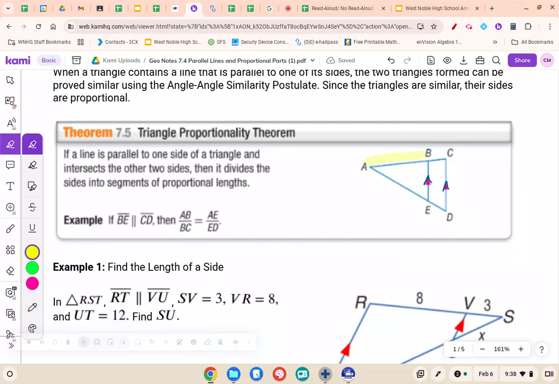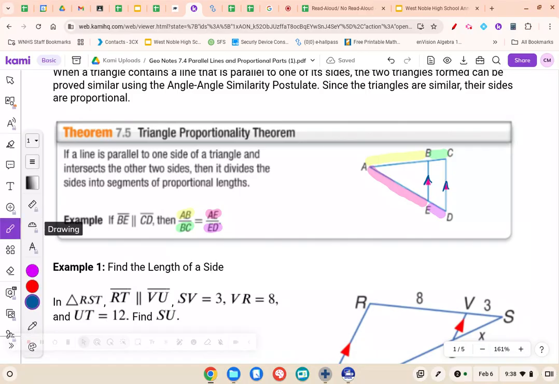So we have AB over BC equals AE over ED. So you'll notice the proportion is set up where the two parts of the side are in one fraction for each of these.